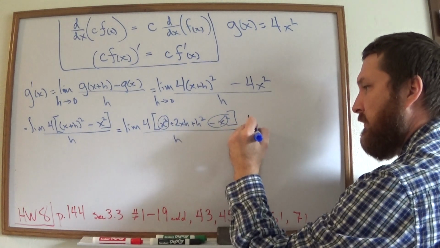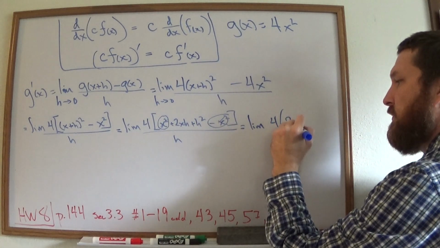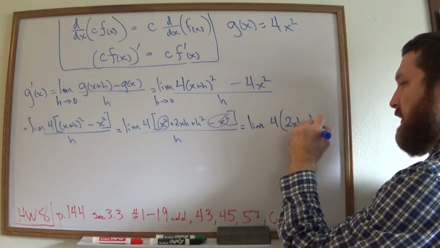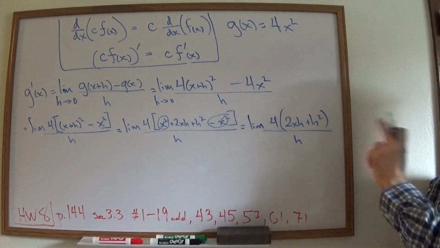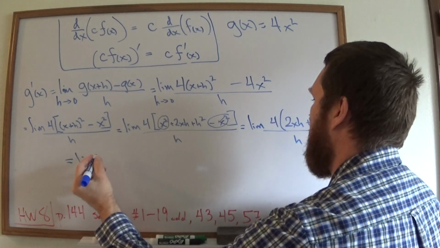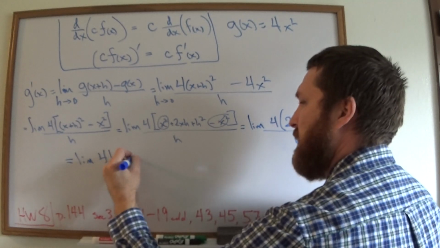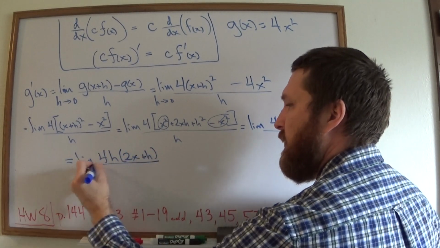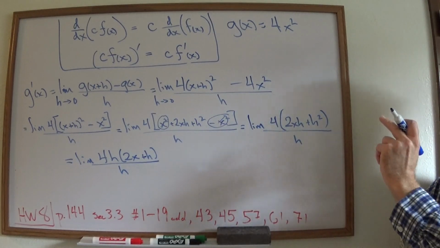And so then you say limit 4 times 2xh plus h squared all over h. And you say, oh, I could cancel. Okay, so I could go limit, pull one h out, and you get 2x plus h all over h. Did I do that right? Yeah, 2xh, yes, okay.